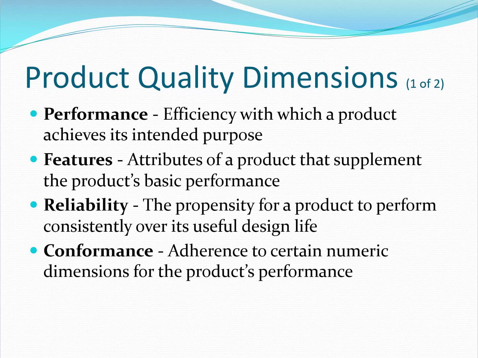When a product is designed, certain numeric dimensions for the product's performance are established, for example, capacity, speed, size, durability, or any of that. These numeric product dimensions are the specifications, and how well a product meets its specifications is essentially whether or not it's conforming.